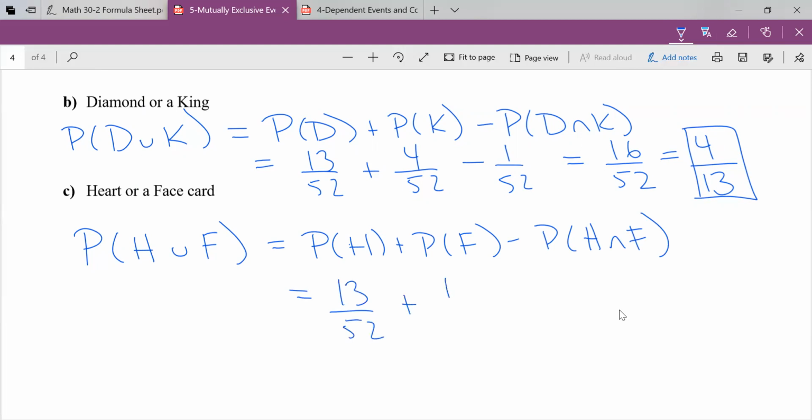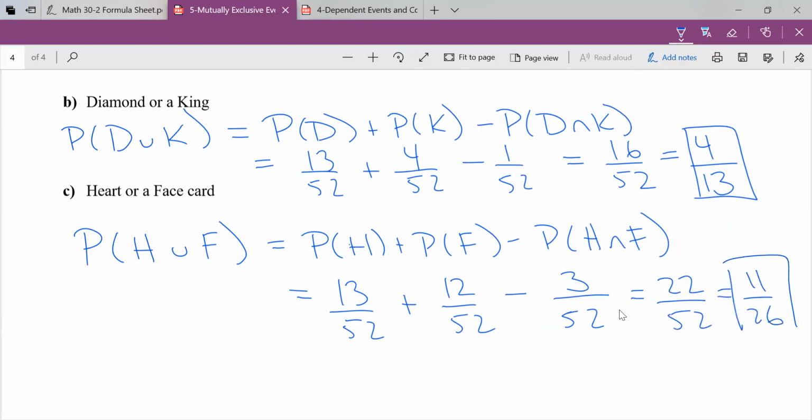There are 12 face cards, Jack, Queen, and King of each suit. But how many hearts are face cards? Well, the Jack, the Queen, the King of hearts. So what have we got left here then? 22 out of 52, which sounds like 11 out of 26.